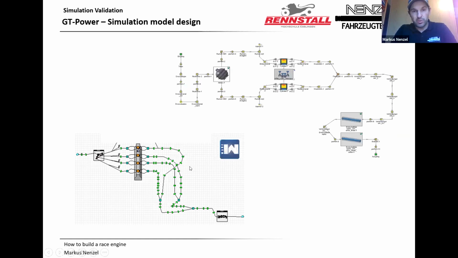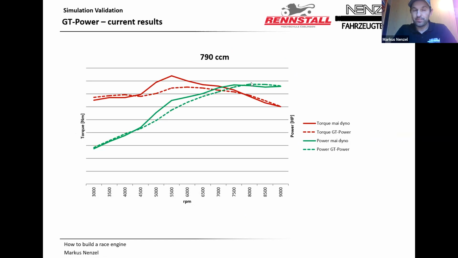This one was made with Ricardo Wave, this one with GT Power. Just build up your simulation model, put in your torque, your alpha-K coefficients, and geometries like your runner and cylinder head, put in all this stuff, and then you get the output, for example how your torque changes if you change your airbox. This is what I mentioned: the red one, for example, is the torque, the small stripes are the simulation, and the one line is the dyno measurement.